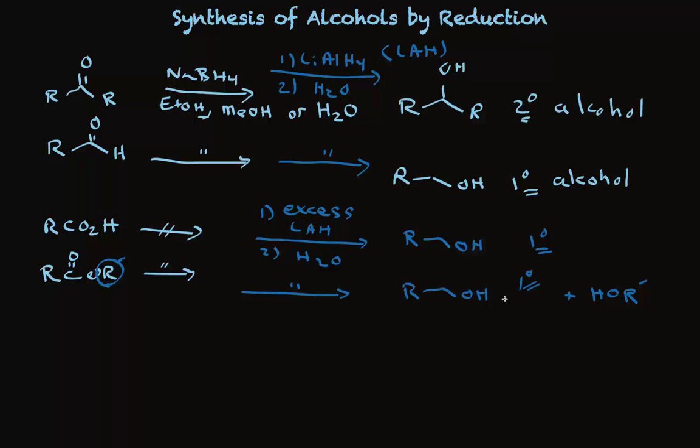Finally, aldehydes and ketones are reduced by using hydrogen and a catalyst, and ketones, using any of the metals I mentioned, or some others, make secondary alcohols.